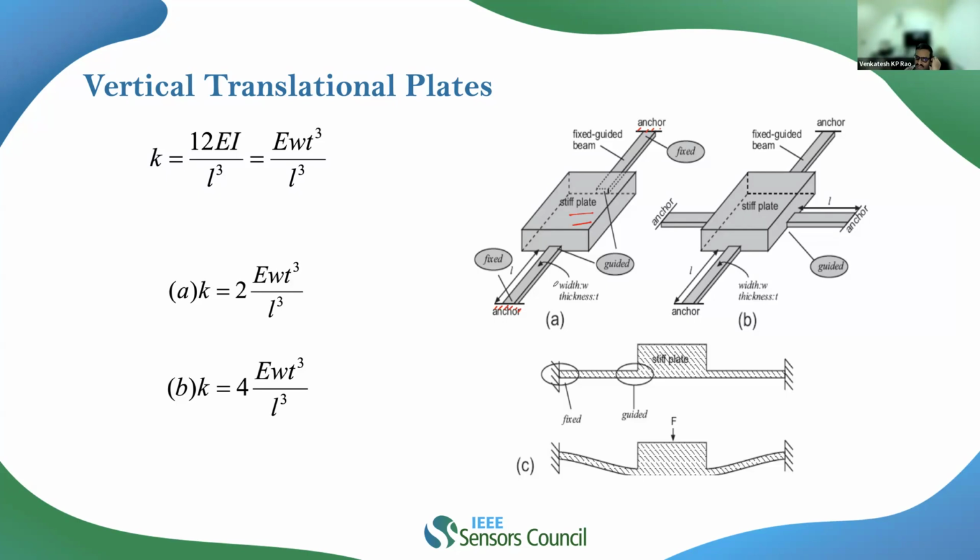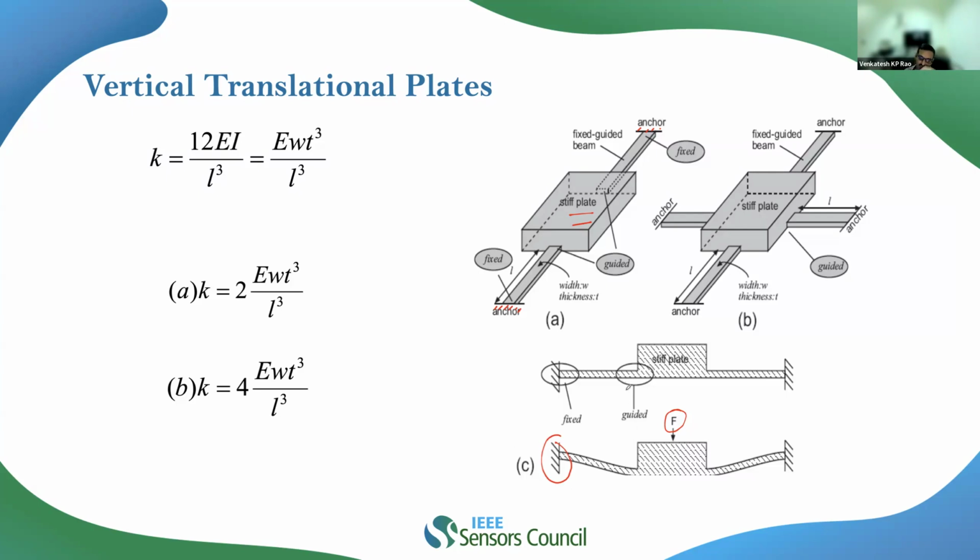Now, since we have a proof mass, if I take up a section of this, we can see that this is basically a fixed end. Here I have a plate. If I apply a load F onto this, since it's a fixed end, there will be zero translations and rotations. Since I have a proof mass over here, this will guide the beam.